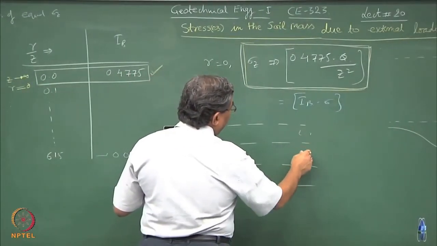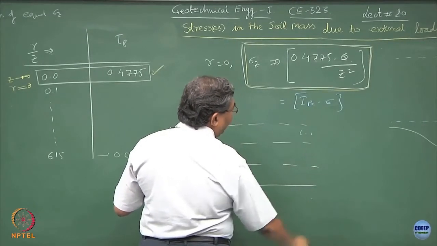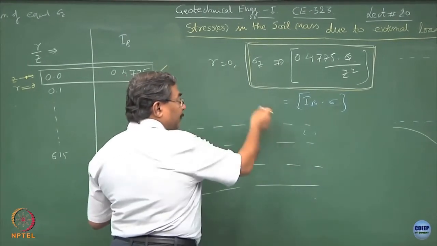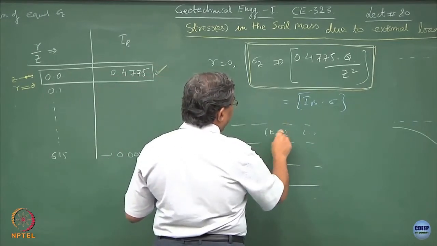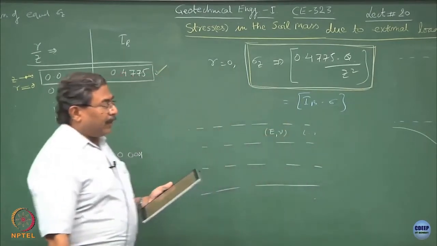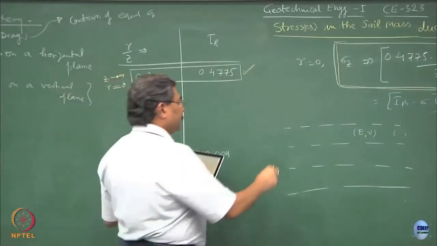This is layer number 1, layer number 2, layer number 3, layer number 4. We play with the stiffness of the material. So, stiffness of the material is defined by epsilon, Poisson's ratio, elastic modulus, and the thickness.